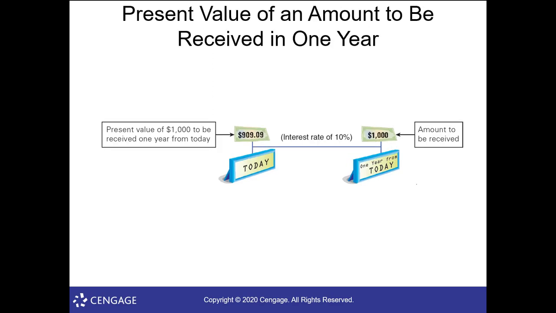But on the opposite end, if you needed $1,000 a year from now and you could make 10% interest, how much do you need to have today? Well, $909.09, because that will pay you $90.91, rounded, and add that to it, and you get the $1,000.